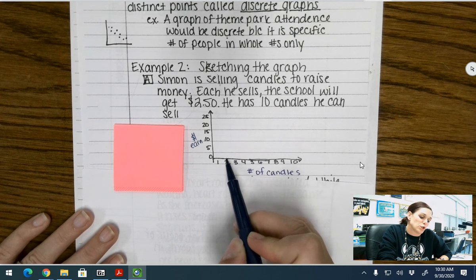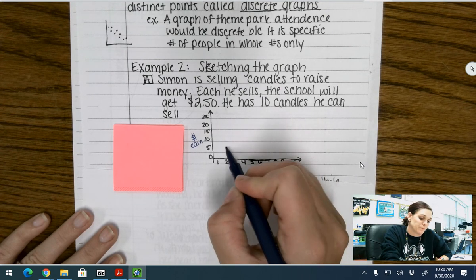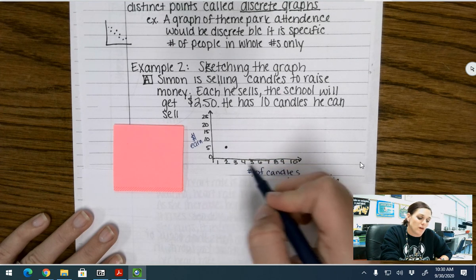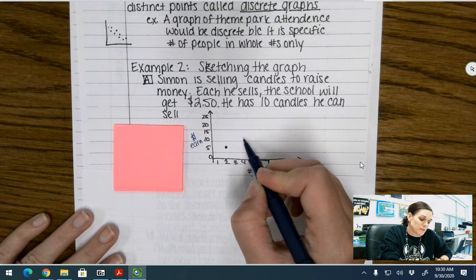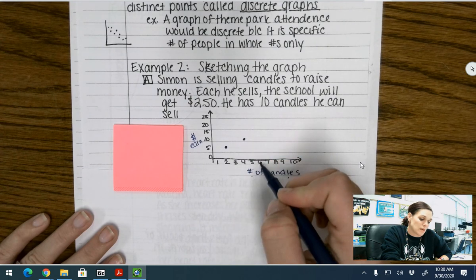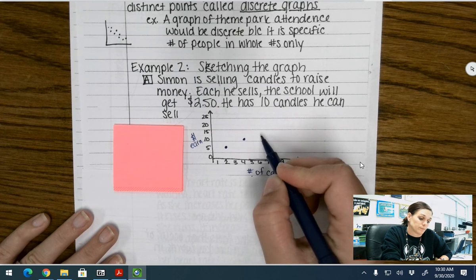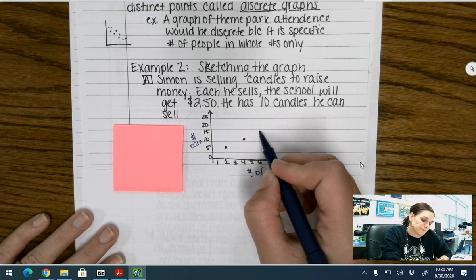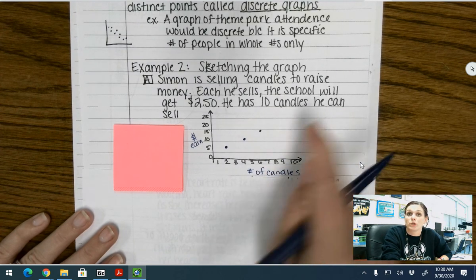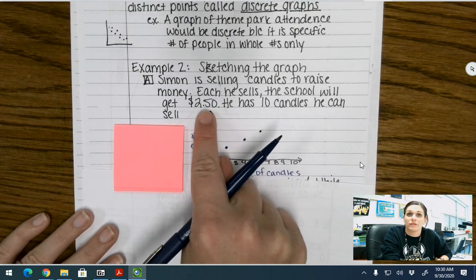So if I sell 2 candles, how much money am I going to make? $5. If I sell 4 candles, I'm going to have $10. 6 candles. How much for 6 candles? Oh, 15. And if you're not sure what we're doing, we're just taking 6 times 2.50.